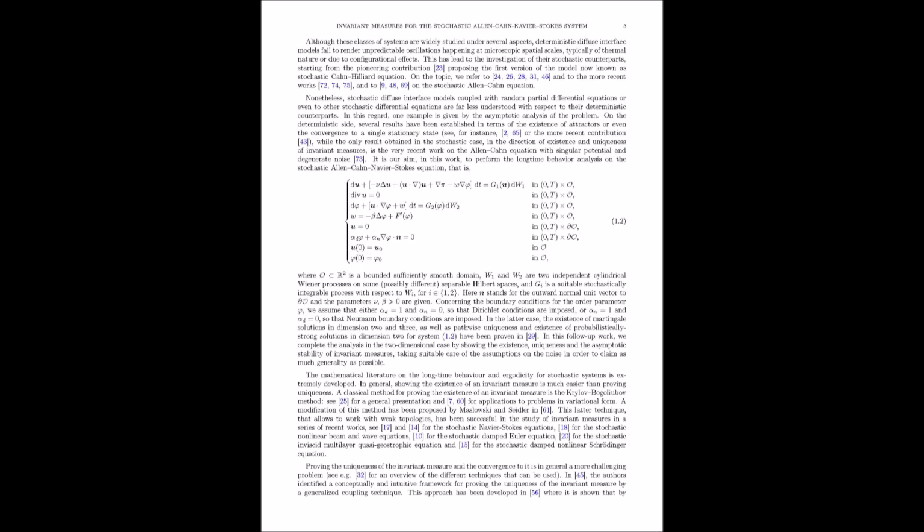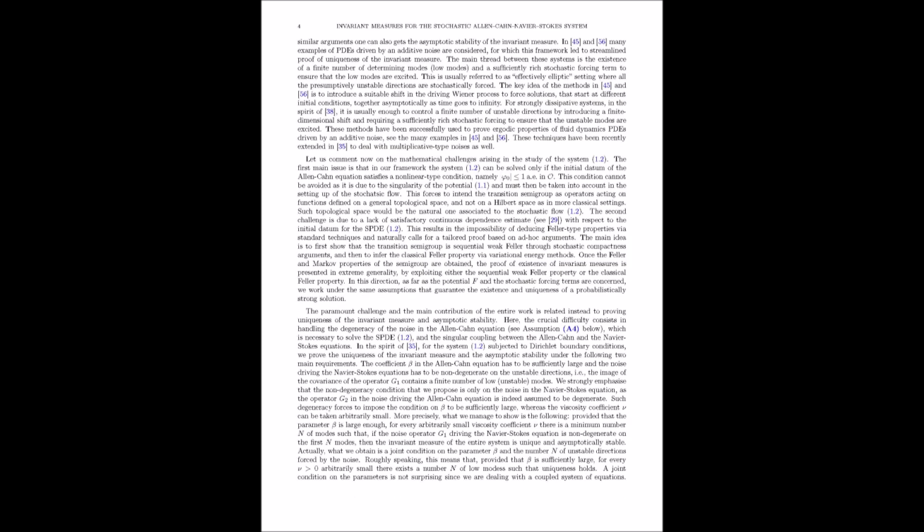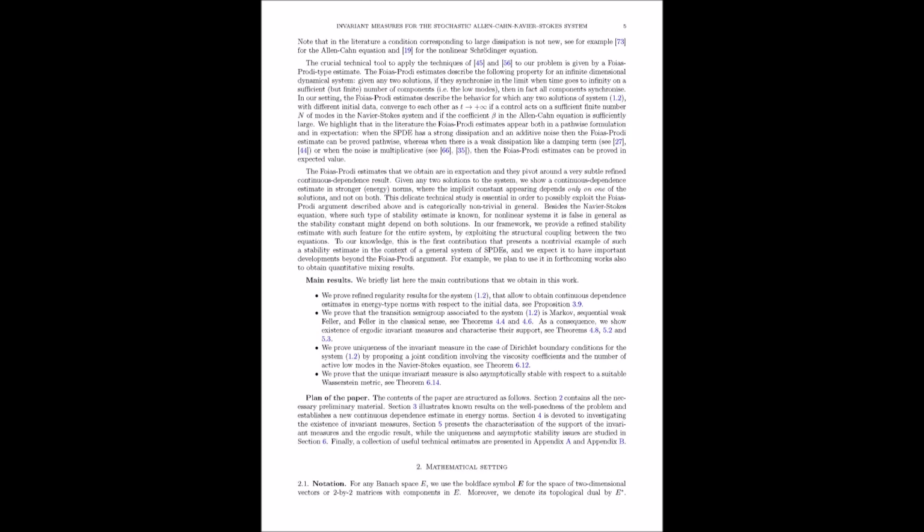In the context of the Foias-Prodi estimates, they introduce a specific stopping time, which acts like a safety net, preventing the system from blowing up, becoming unbounded, or exhibiting erratic behavior. So it's like a pressure release valve that prevents the system from exceeding certain bounds. Precisely.